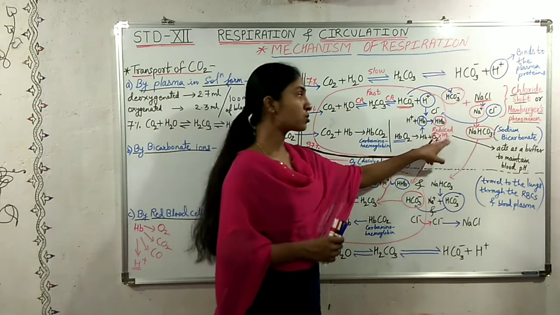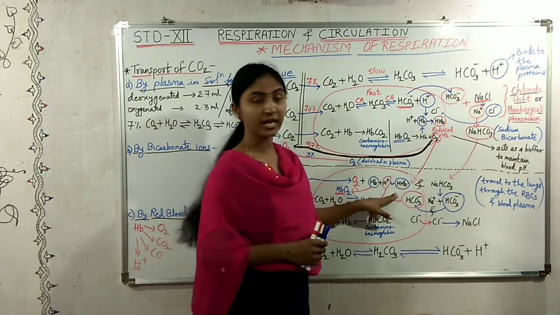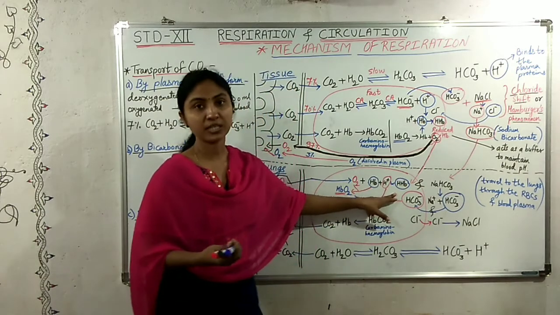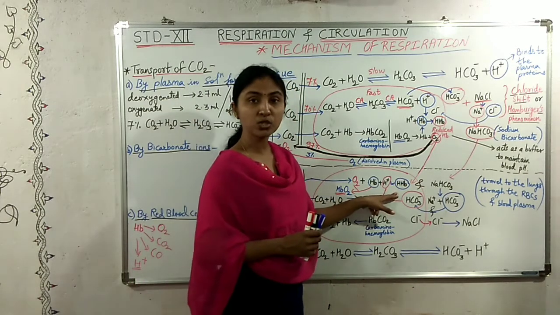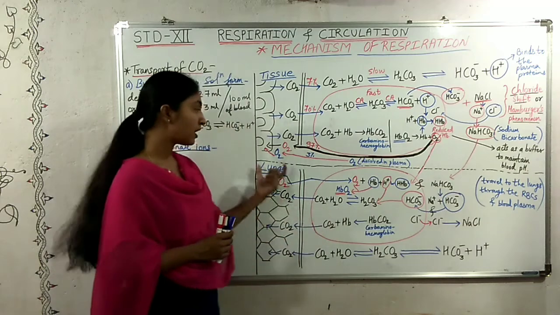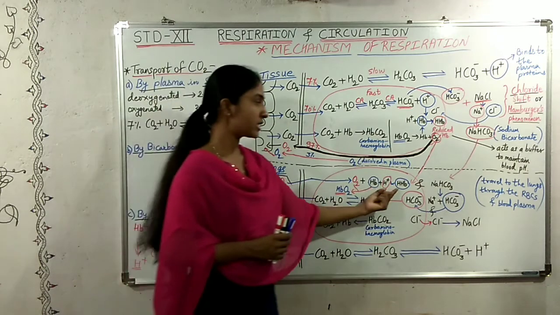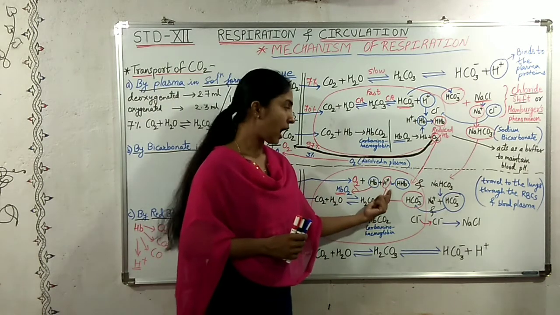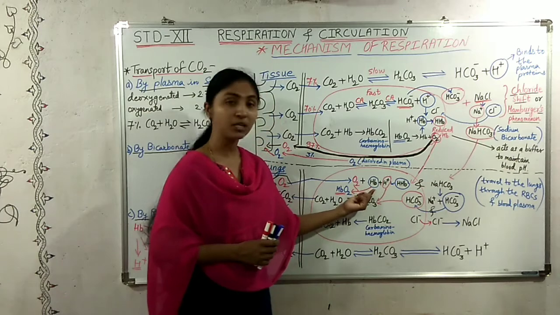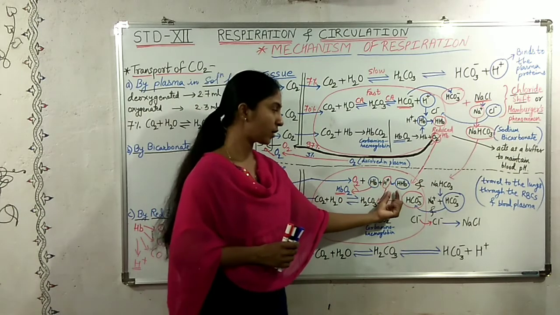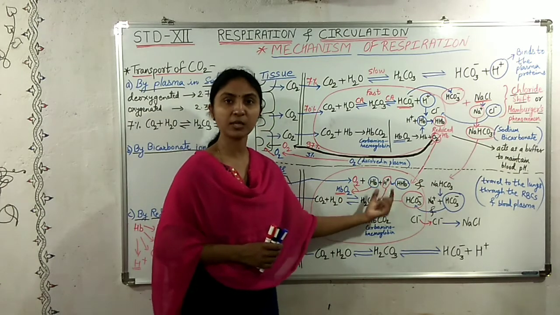Now the reduced hemoglobin present inside the RBCs, HHb, that we talked about, near the lungs, what does it do? It splits up into hydrogen ion and hemoglobin.